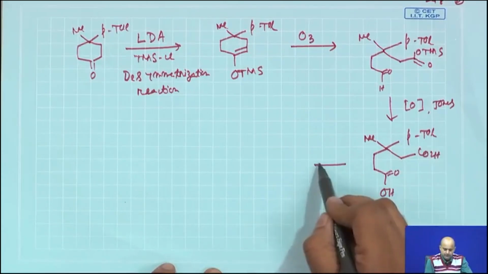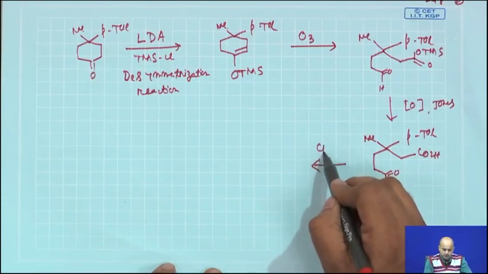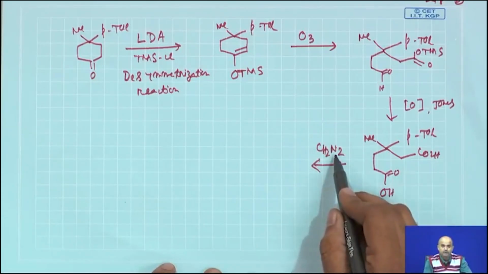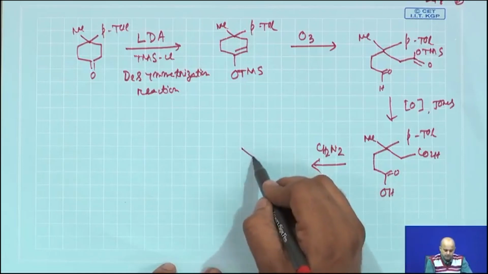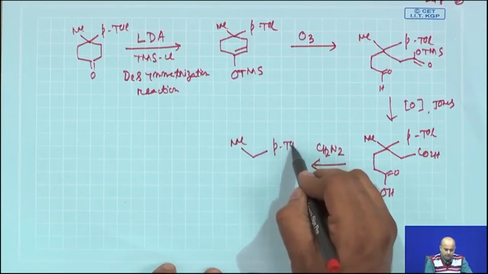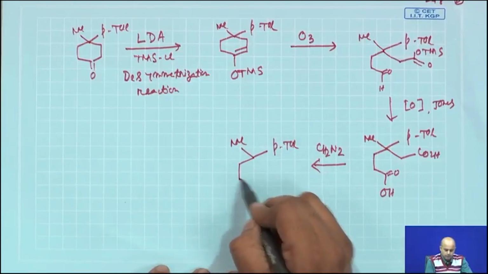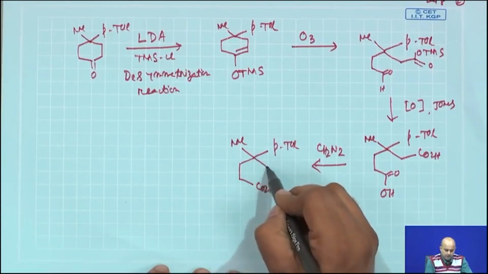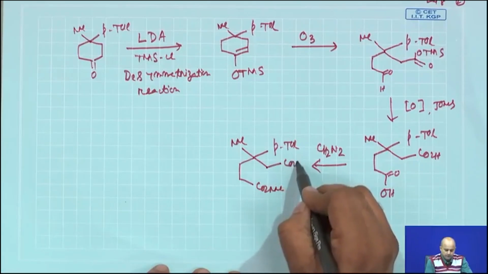If you analyze this diacid, you need to convert it to the corresponding dimethyl ester by simply treating with diazomethane. Now you will have methyl, paratolyl, CH2CO2Me, and this CO2Me.